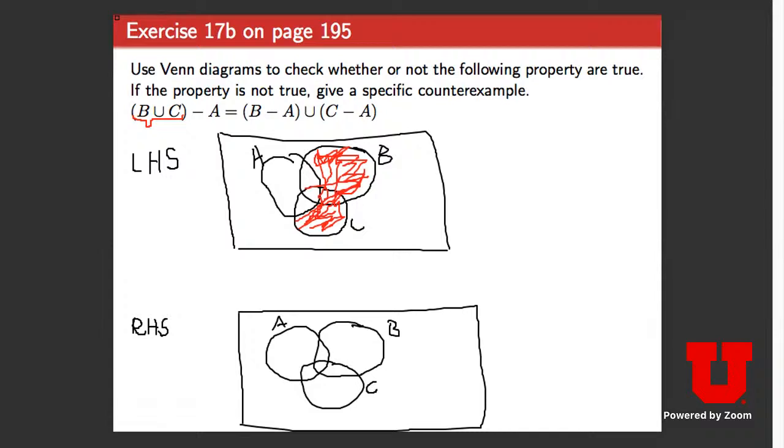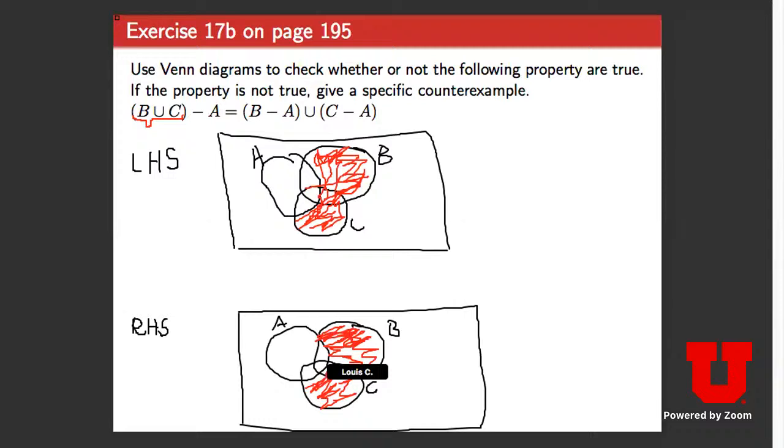So for this one I did everything that's in B that's not included in A, so that's this section right here. And then the next part says everything that's included in C but not A, which is this part right here.